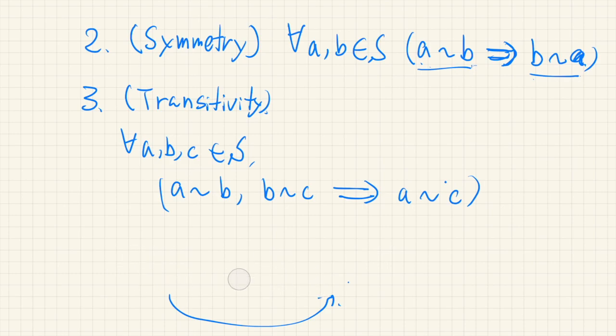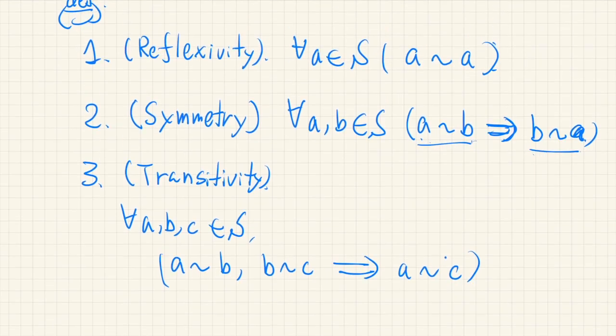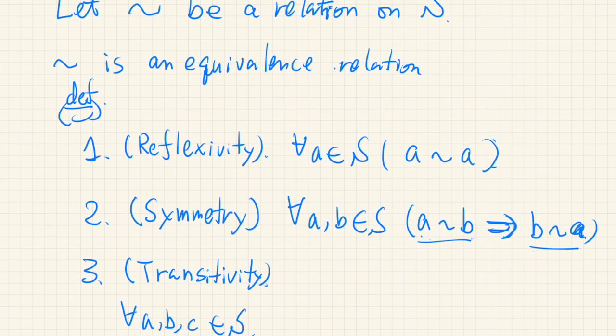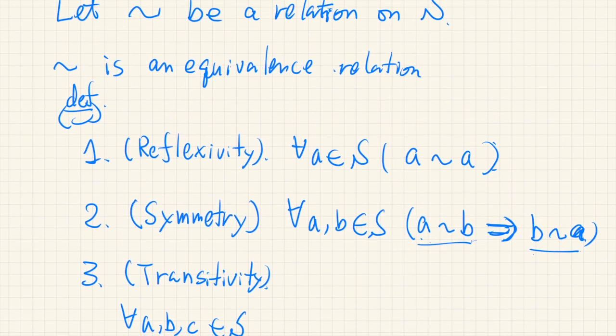So if these three conditions are satisfied, reflexivity, symmetry, and transitivity, then we say this relation is an equivalence relation. That's the definition.